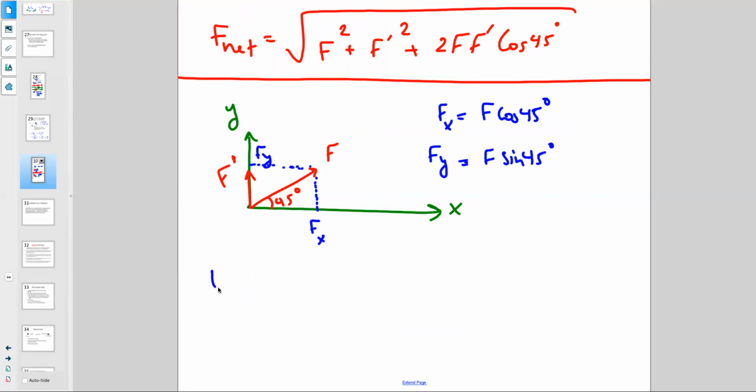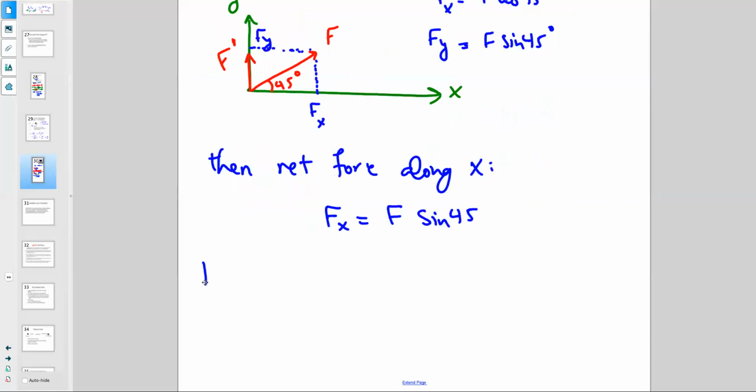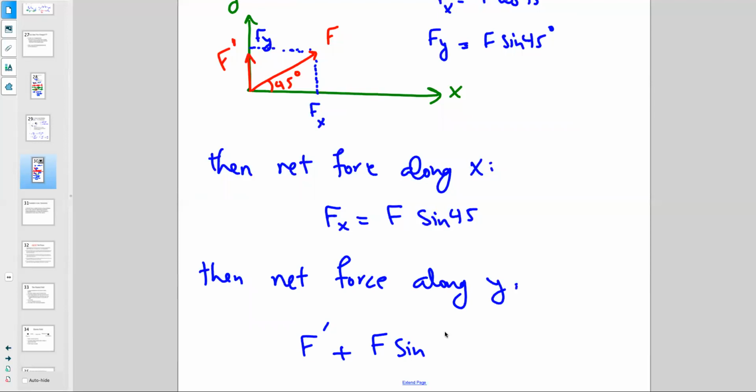So then the net force along X direction is just F of X, which is F cosine of 45, but then net force along Y direction is F prime plus F sine of 45.